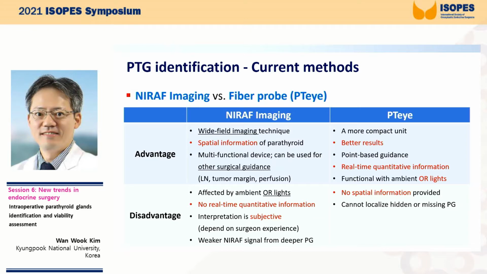However, it has the disadvantages that it is affected by UV light, cannot give real-time quantitative information, and the interpretation is subjective. In comparison, the probe provides better real-time quantitative information and can be used with the light on. However, it provides no spatial information.